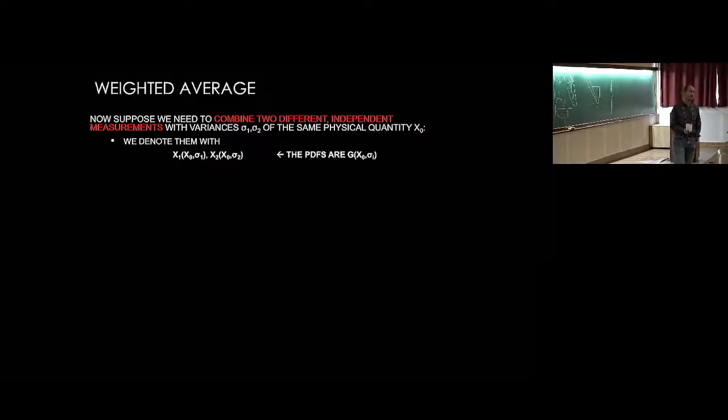And I'm also implicitly assuming here that there are no biases, because I am centering the two Gaussian PDFs on the true values. If there were a bias, it could have appeared here because I would have said, CMS is measuring the top quark mass, but if the true top quark mass is here, CMS is measuring it here because it has a scale uncertainty or some bias of other kind, a systematic that offsets it.